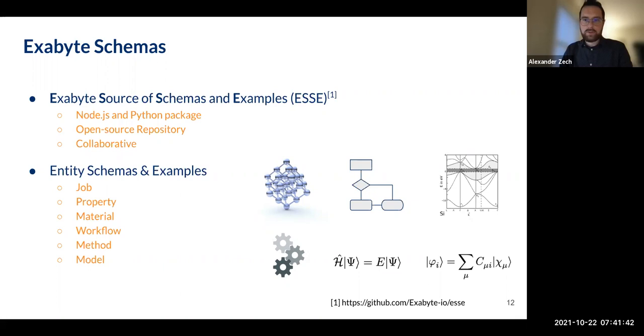So if anyone is interested in contributing new schemas, having some ideas, this is certainly possible, and you're more than welcome to. All the entities that I mentioned earlier are represented as schemas in this repository. And not just those entities, but also more primitive ones, such as a schema for an array or literature references, you can find also in this repository.